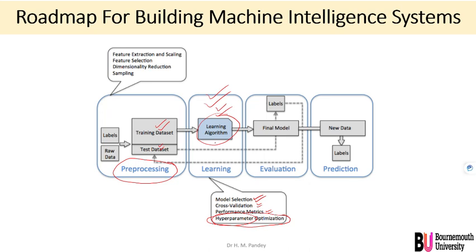After completing your model, you will get your final model, and then you will apply your test data to the final model. If the model is working correctly, you will say that your model is good to predict or classify the outcome. So after completing this training process, that is learning, and the testing process, that is evaluation, you will process any new data.